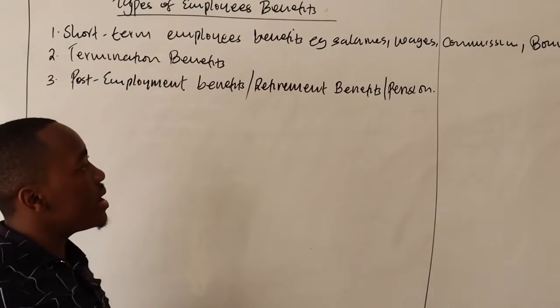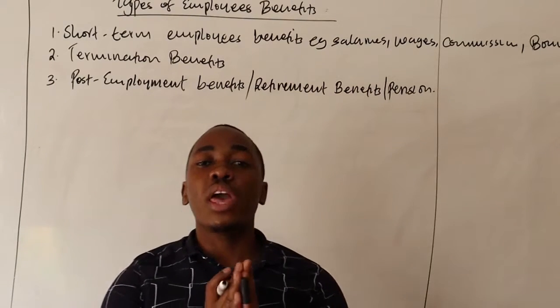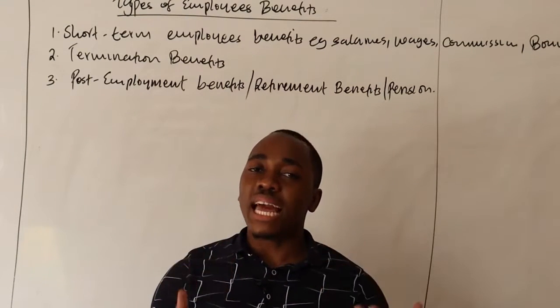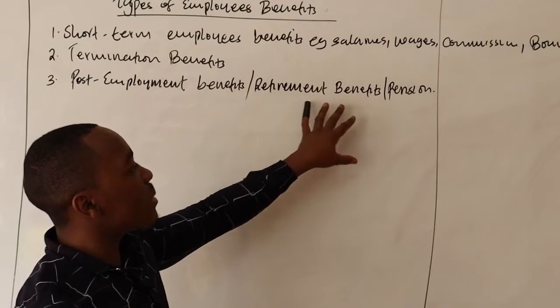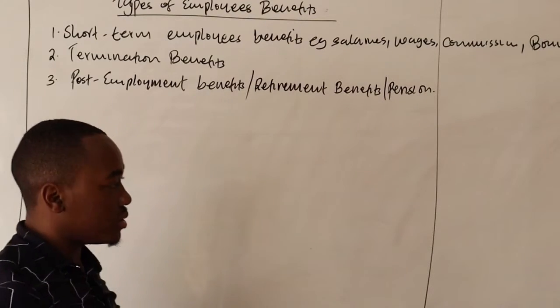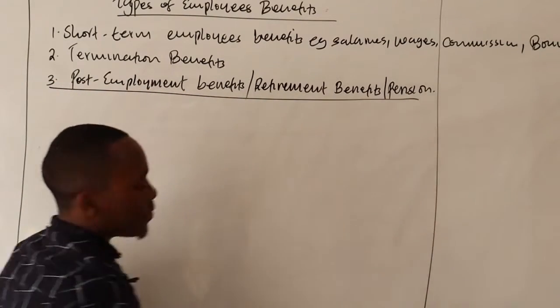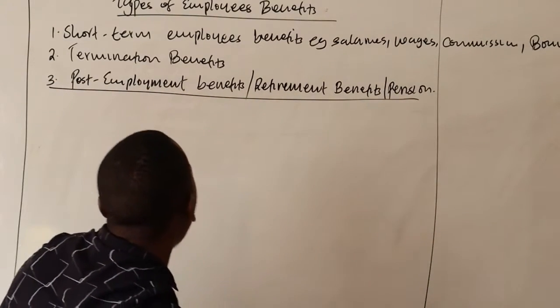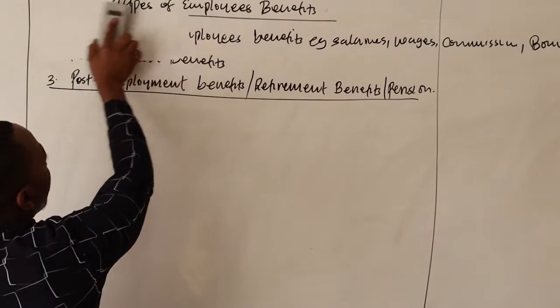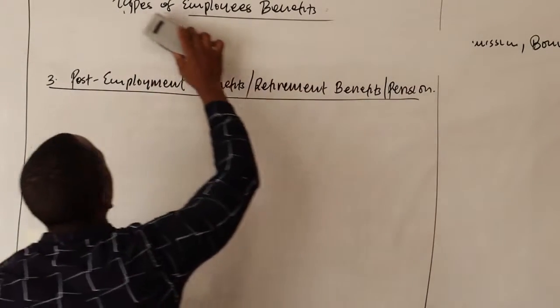They are benefits payable to an employee upon retirement, and that's why they are called retirement benefits or pensions. That's what I want us to focus on: post-employment benefits under this topic.